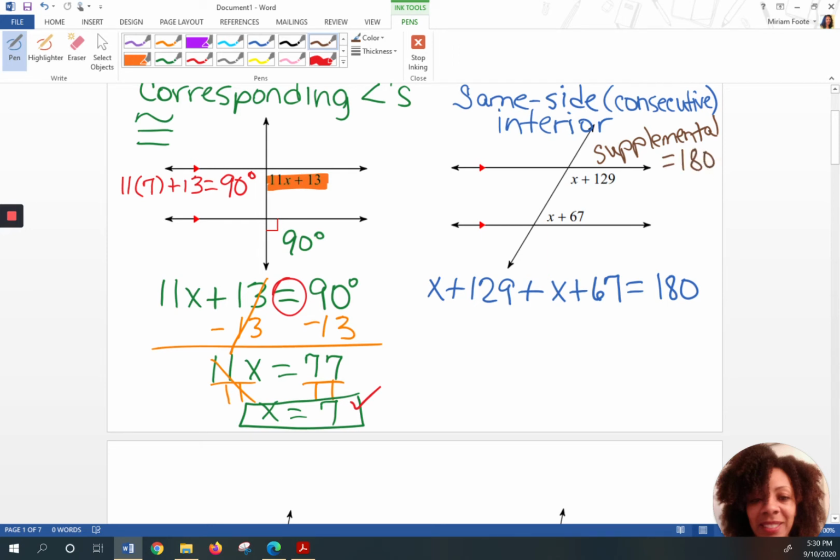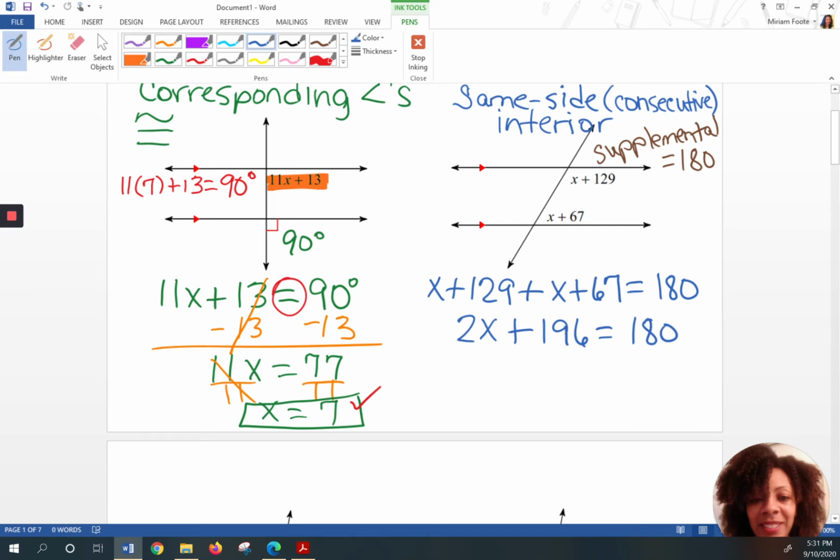All right, so now to undo. Well, first I want to combine like terms. So if I'm combining my like terms, I take my x plus another x, which is 2x, and now I add 129 plus 67, and that gives me 196. And I set that equal to 180 already.